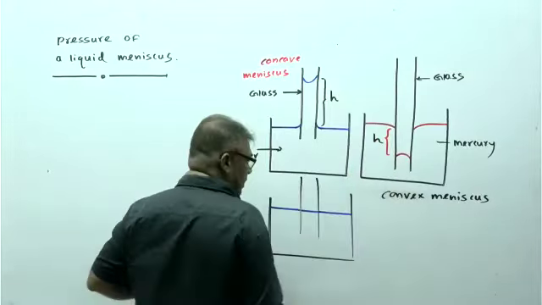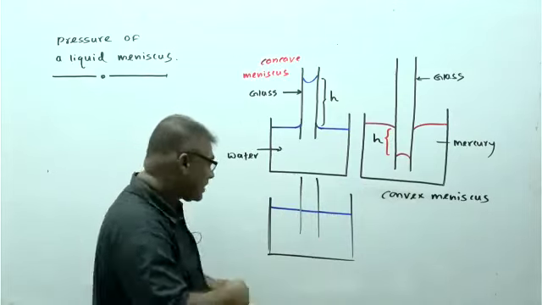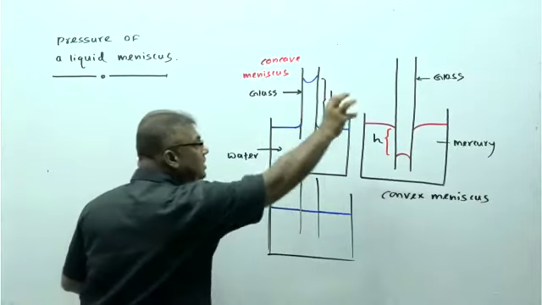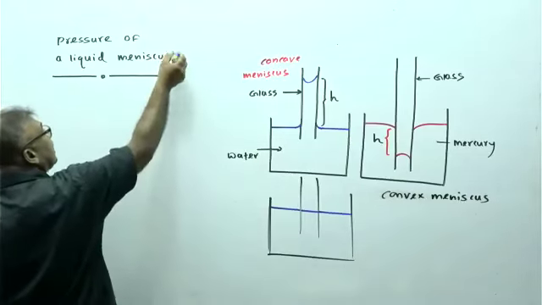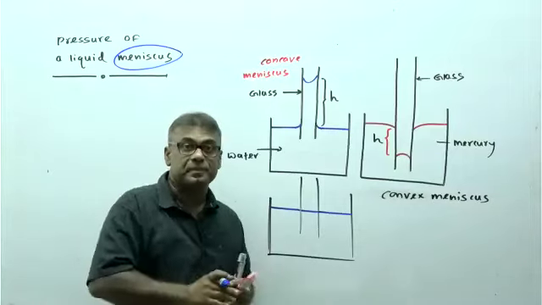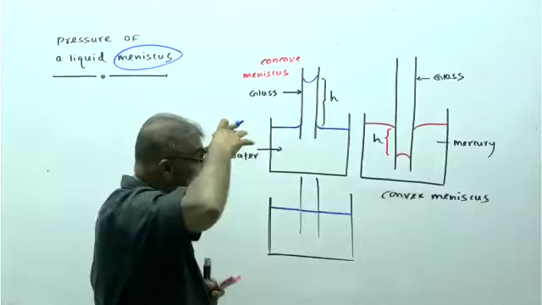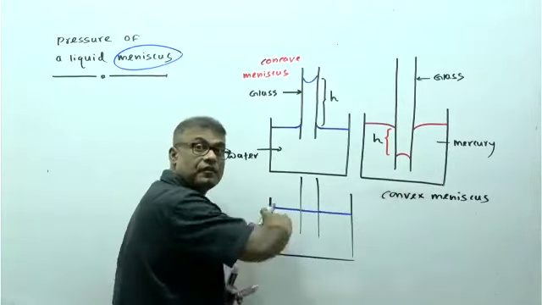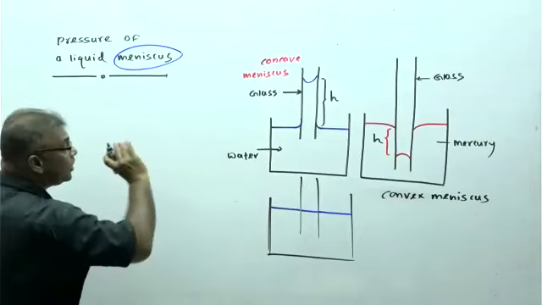There is no capillary reaction here. Then mainly we have three types of meniscus. First one, concave meniscus. Next one, convex meniscus. And third one is flat meniscus.